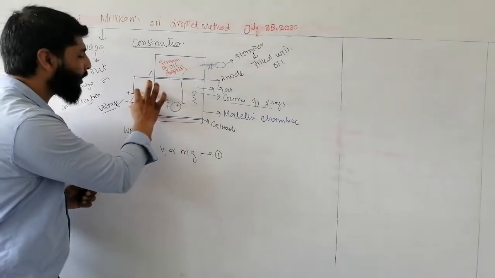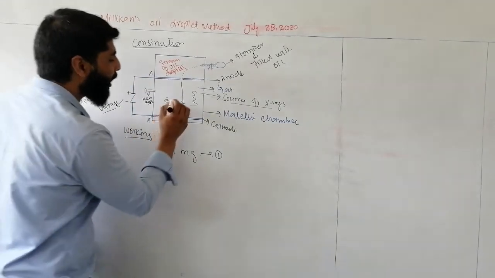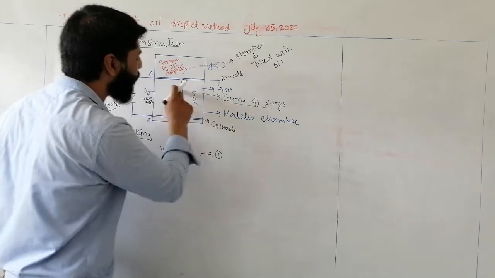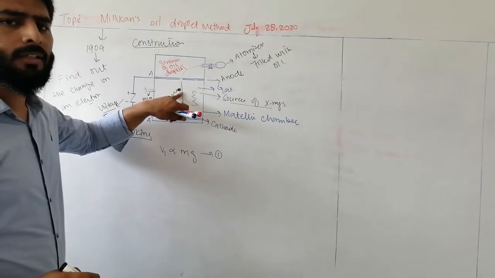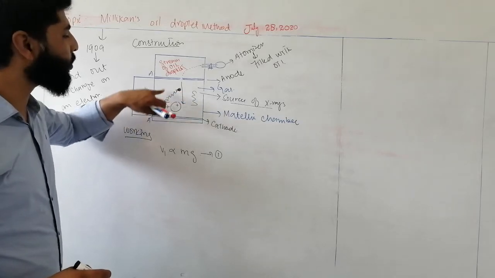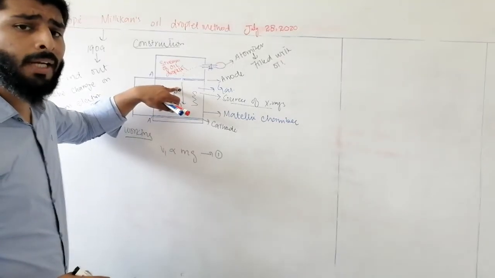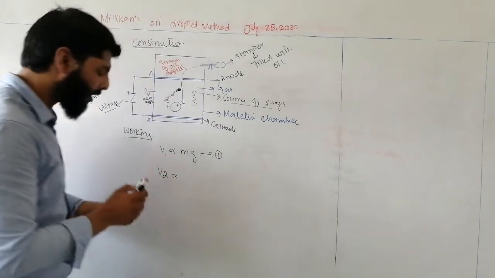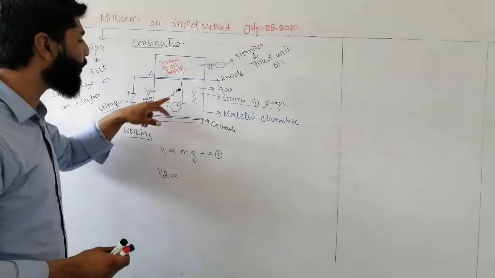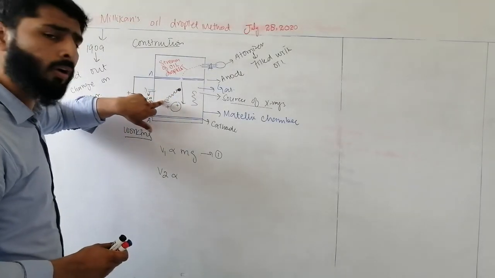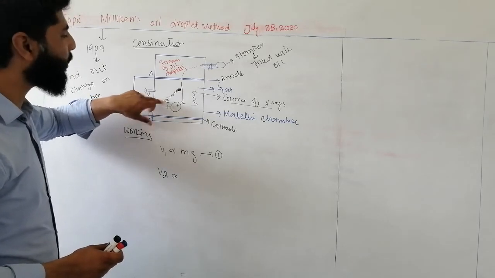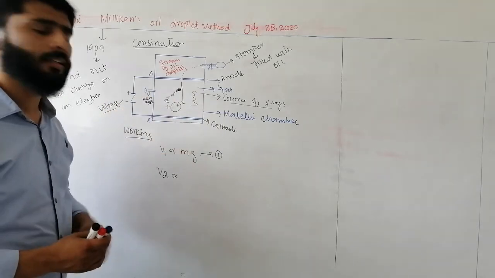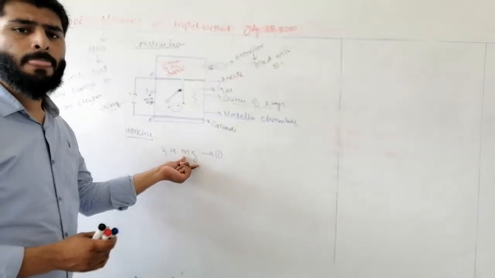Students, after the application of the electric field, the negative electron struck the surface of the oil droplet and moved with the velocity v2. The velocity v2 of the droplet carrying electrons will depend upon the strength of the applied electric field as well as the weight of the droplet.